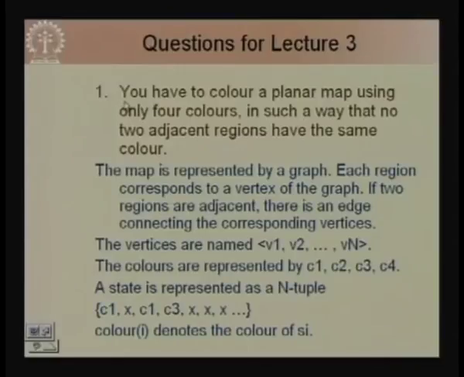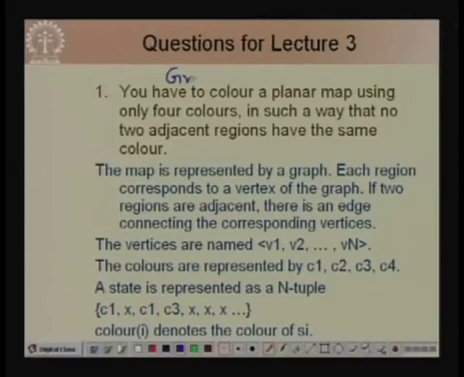The problems that we looked at in the last class were: number 1 was the graph coloring problem. In the graph coloring problem, you have to color a planar map. So, you have a map which has a number of regions.